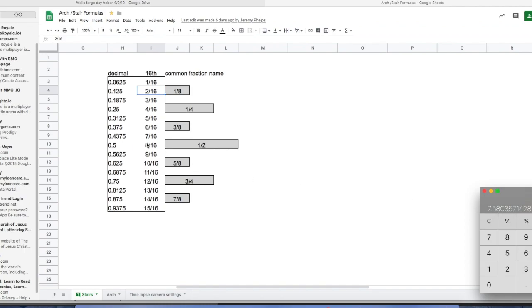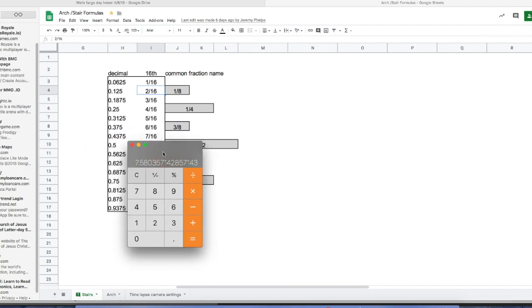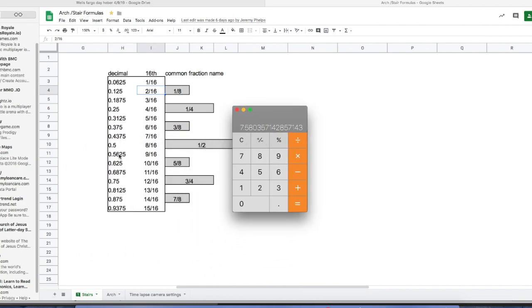Our calculator says 0.5803 and so on. Here at 9/16, we're just under 0.5658, so just above 9/16, in between 9/16 and 10/16. We are closer to the 9/16, so that will be the one we want to choose.